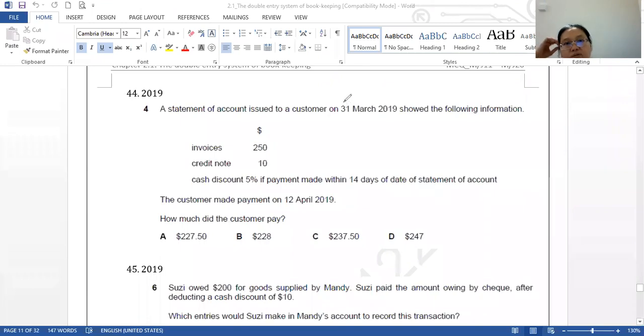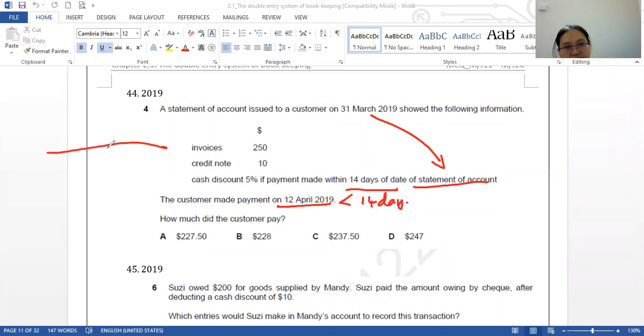A statement of account issued to a customer on 31st March shows the following transactions: invoice, credit note, cash discount if paid within 14 days of the statement. The customer makes payment on the 12th. This 12th is within 14 days from the date of the statement, so it is less than 14 days. Invoice 250 here, credit note is here, and then 240.